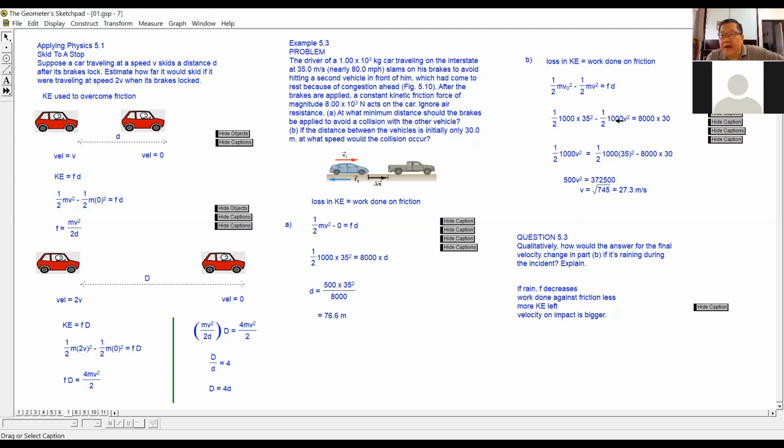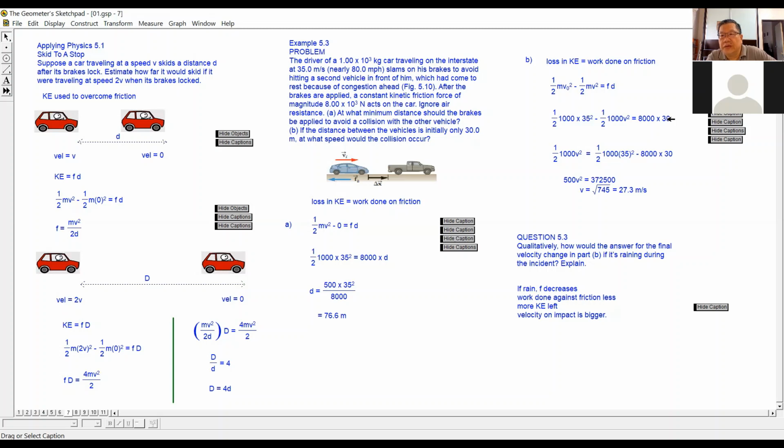The final velocity before it hits the truck we don't know, so we call it v squared. The distance, we know it's 30 meters, fixed, between the car and the truck. And the kinetic friction is 8,000 newtons.